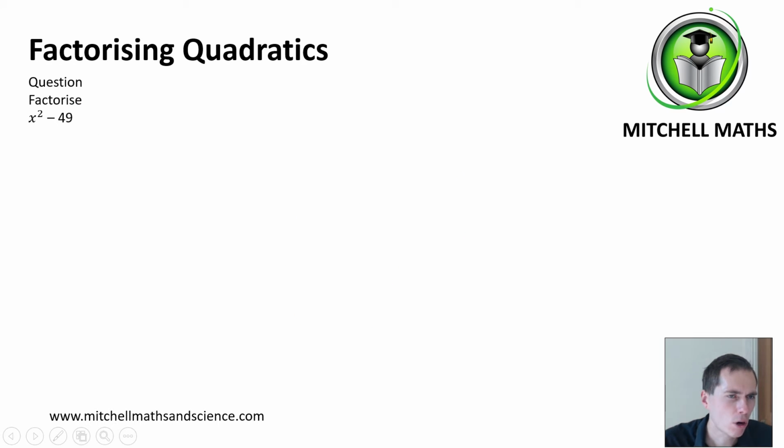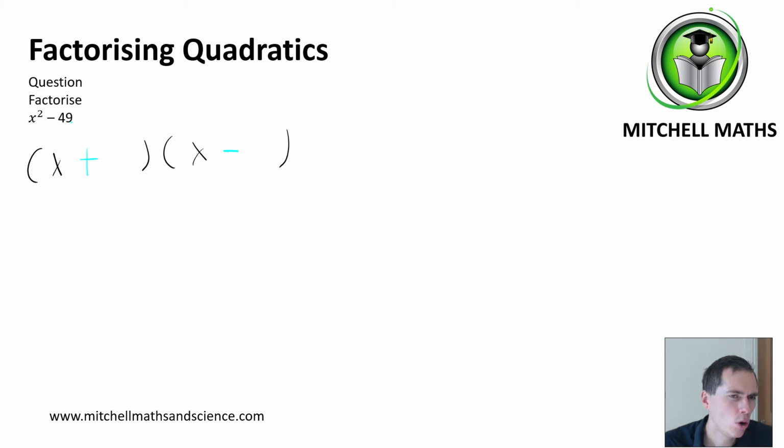We're now going to have a look at one of the exceptions, which is factorise x squared minus 49. This is only 2 terms, but it still is a double bracket. And this happens when you have x squared minus a square number, which in this case is 49. And because it multiplies to make a negative, we know it's going to be a plus and a minus in the brackets.